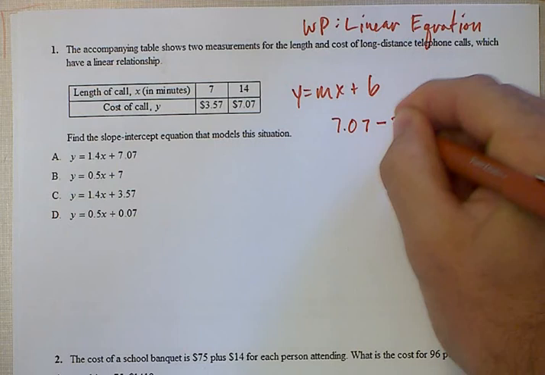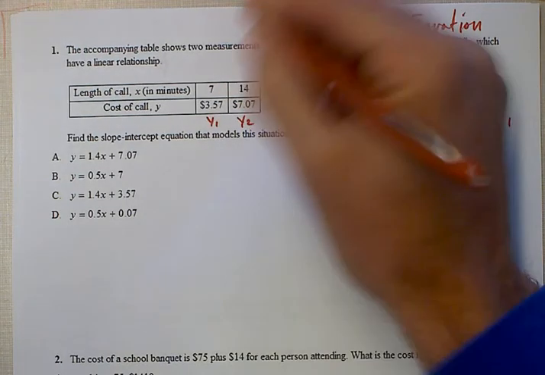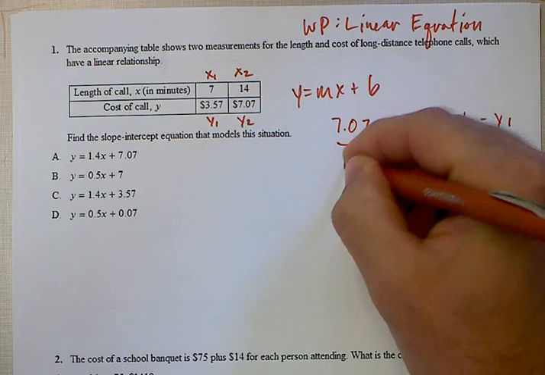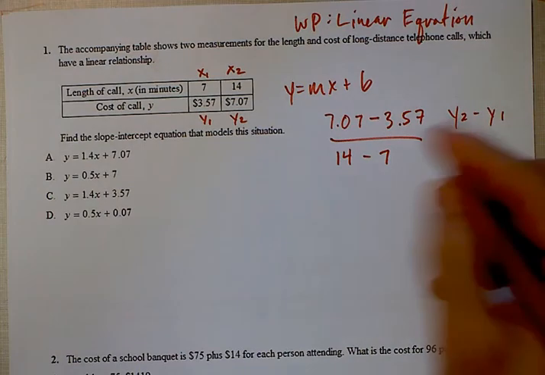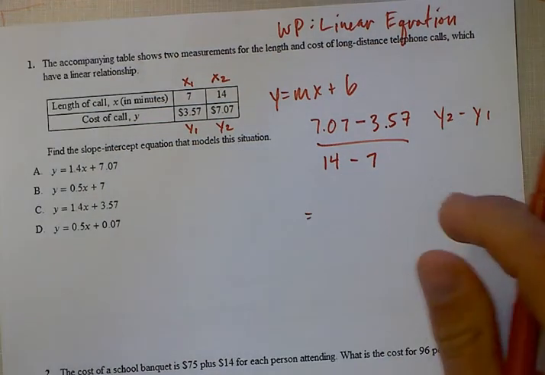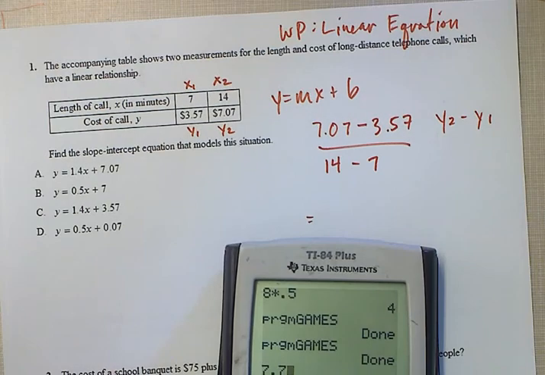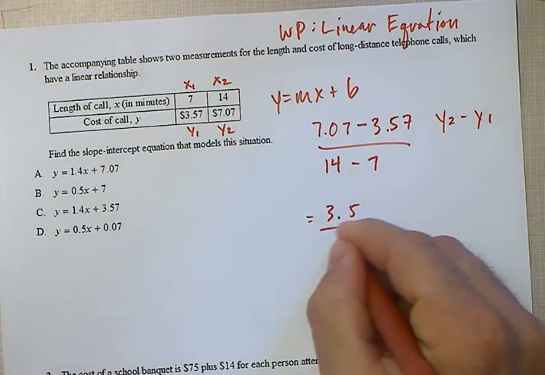And if you're working with slope, that's going to be your y2 minus y1 there. This being our y2 and this being our y1. Here's my x1, x2. So I could plug in 14 minus 7. And if we're solving for this, what I want to do is 7.07 minus 3.57 and get 3.5 over 7.